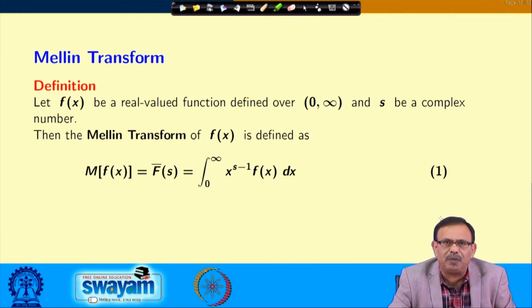So, basically for the Mellin transform, the kernel is x to the power s minus 1. Whenever I change the kernel, I get another transform.